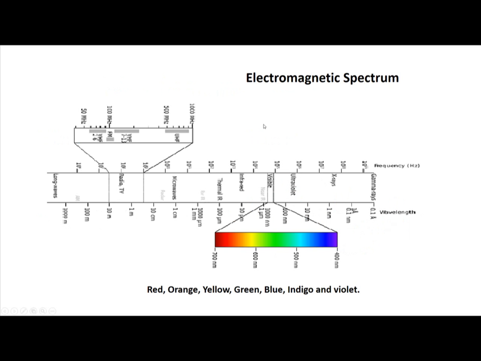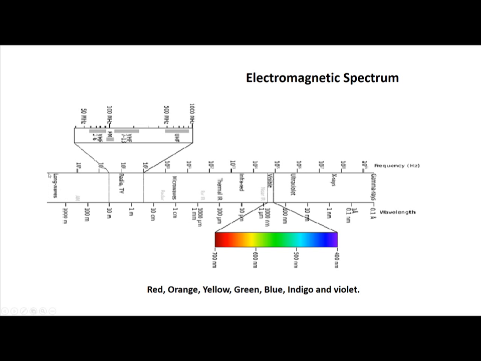Now, we have what we call an electromagnetic spectrum, and that's because we have different types of radiation in this spectrum, and they pretty much travel at almost the same speed. They exhibit the same properties most of the time. Now, to our left right here, we have what we call the long waves.